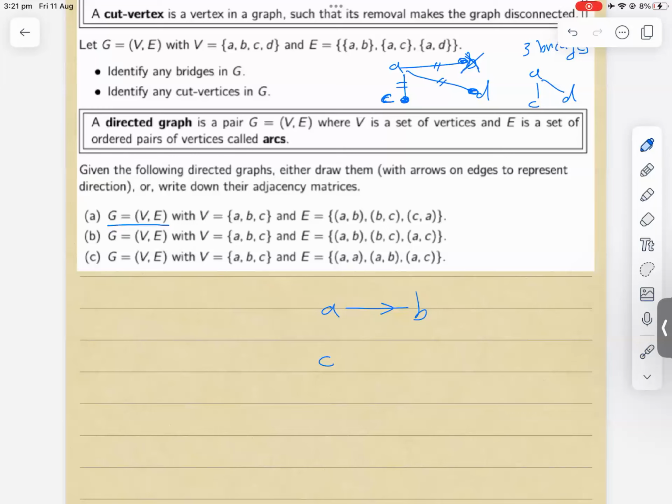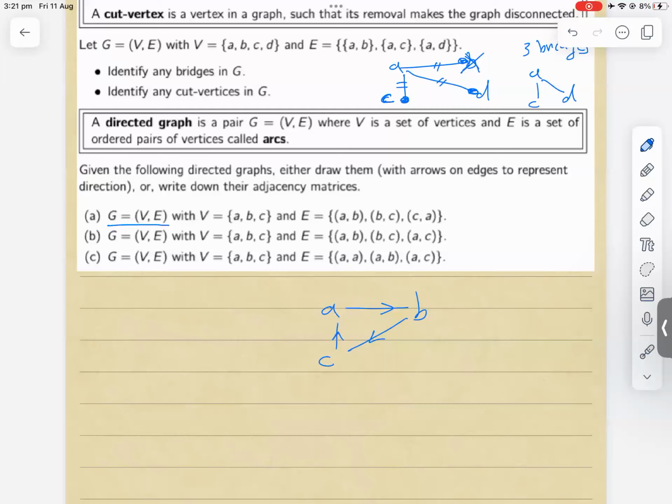So AB, BC, and CA. This will be the graph of this part A. In this order, we have to keep in mind that it is ordered. From A to B, the direction is from A to B, so from B to A, it won't be right.